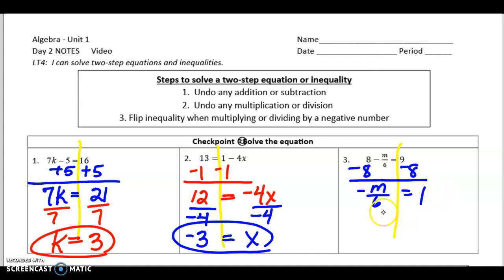Now I need to not only get rid of the 6, but get rid of the negative that's attached. So I'm going to multiply, and I need to get rid of the 6, so I multiply by 6. To get rid of the negative, I multiply by negative 6, because a negative times a negative is a positive. So this is positive. 6 over 6 is 1. 1 times m is m.